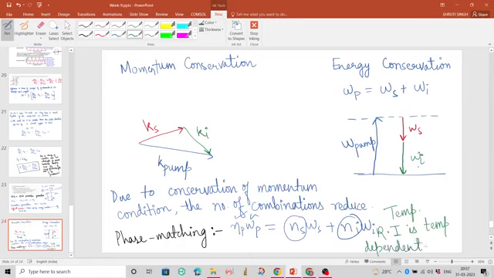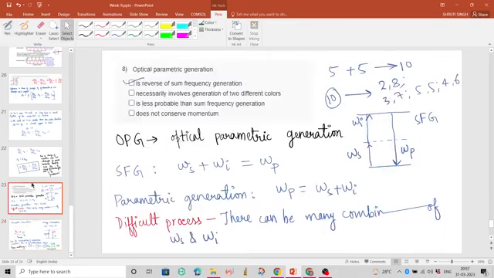Okay, so temperature tuning is very important here. You have to tune the temperature, and also angle tuning of the crystal is there for phase matching. With angle tuning we have to do the temperature tuning also here. So that's why this reverse process becomes a little bit difficult.